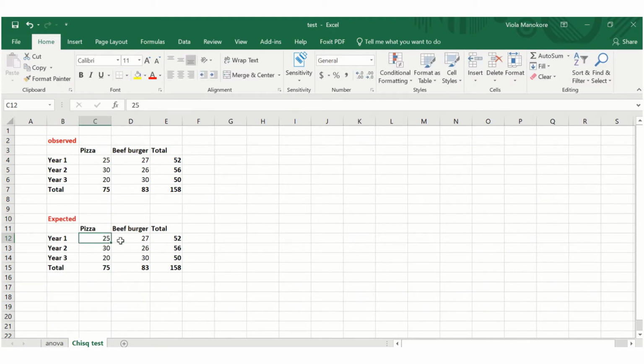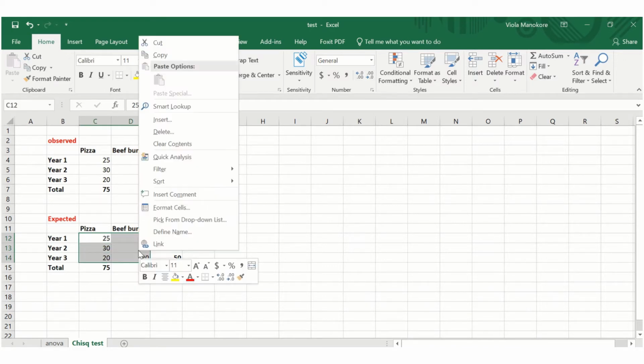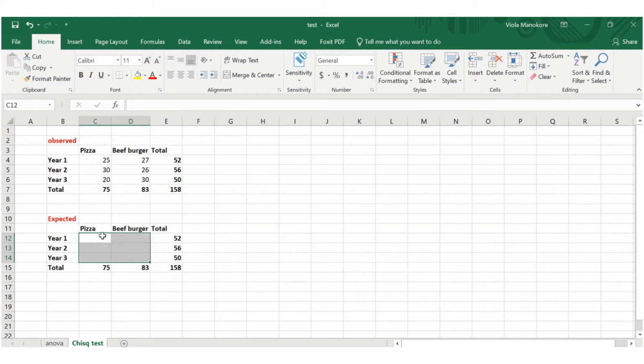But since these cells already have the actual observed values, I will clear these cells so that I input the expected values using a formula for expected values. So for this cell, the expected value is equal to my column total multiplied by the row total and divided by the grand total.